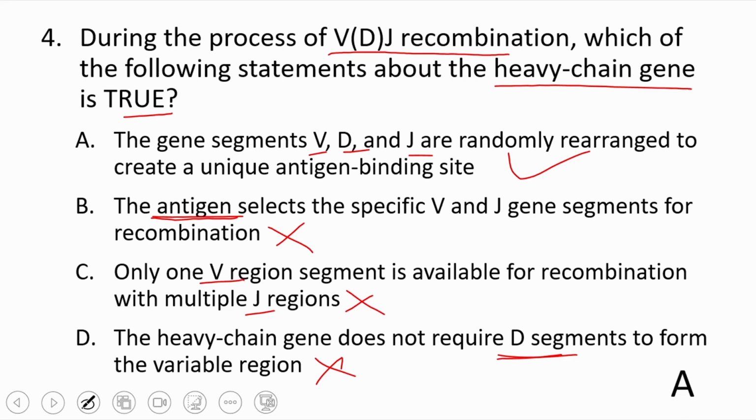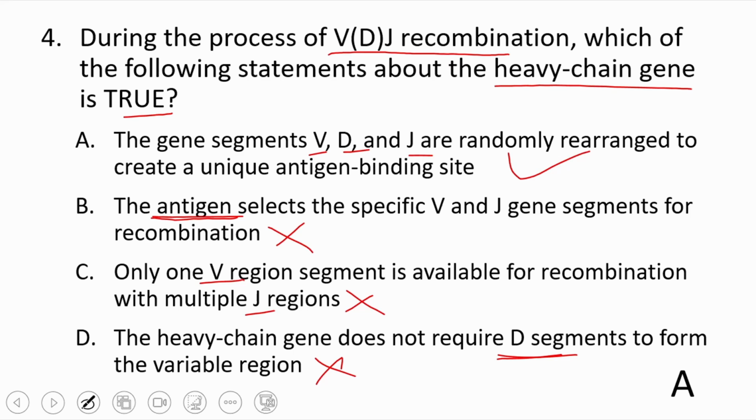Okay, so in here, diversity is one feature of adaptive immunity, and there is a process of diversity generation in B cell and T cell receptor development. Multiple factors contribute to this diversity generation.